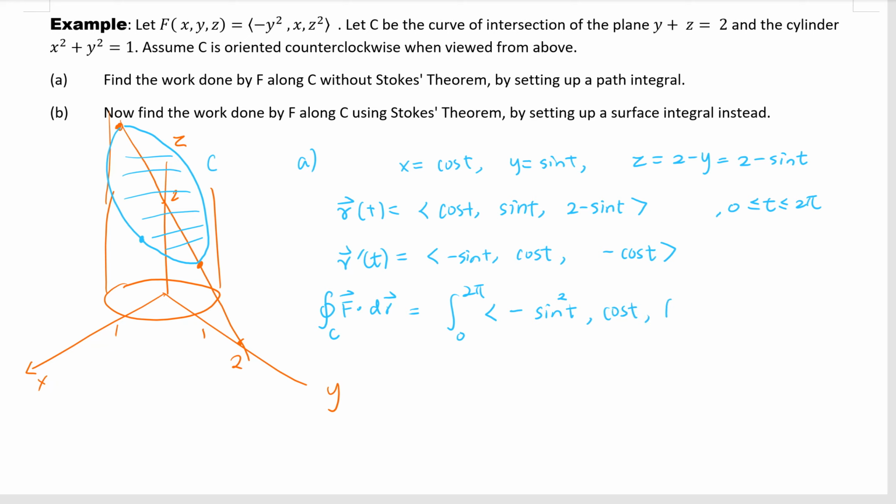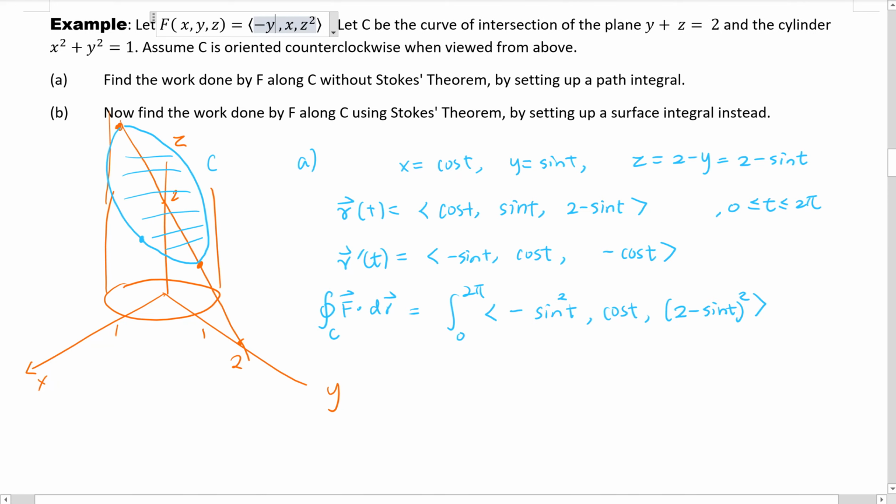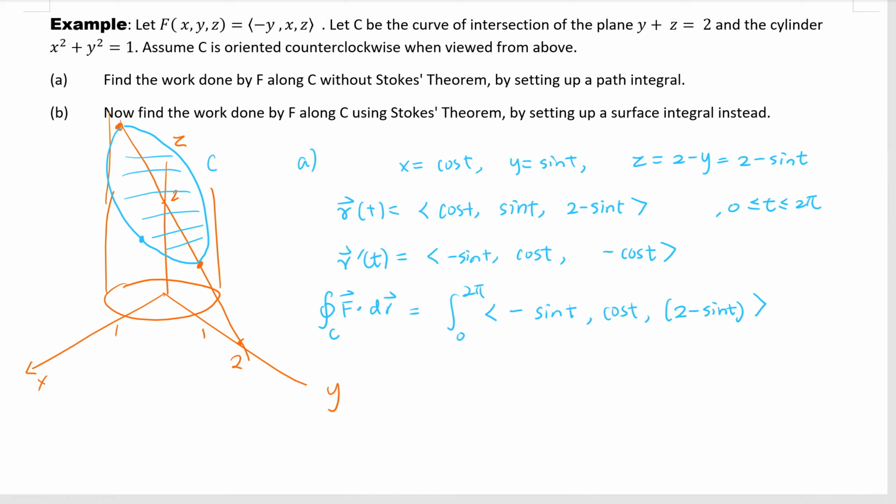Z squared, so 2 minus sine t squared. So far, so good, everybody? Oh, wait a little bit. I want to make the problem easier. So let's get rid of the square to make it easier. Otherwise, the trig integral is going to be more complicated.